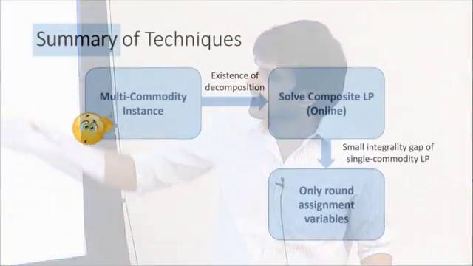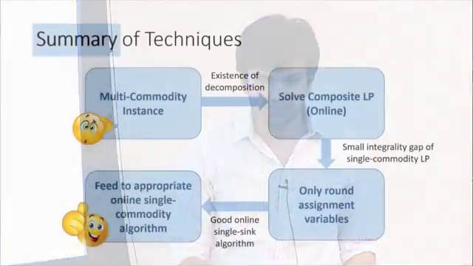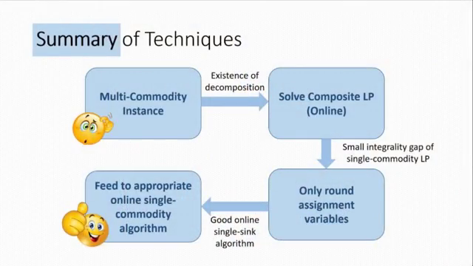We only partially rounded the outer variables and then used the existence of small integrality gap of the inner LPs to get confidence that our assignment was okay. After that, we can just feed it to the appropriate online single commodity instance. Each hub will be running a single commodity algorithm, so you feed it to the appropriate hub and then put all the solutions together and recover our solution.